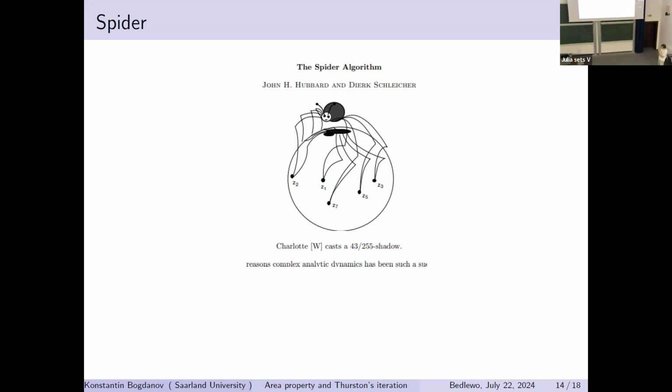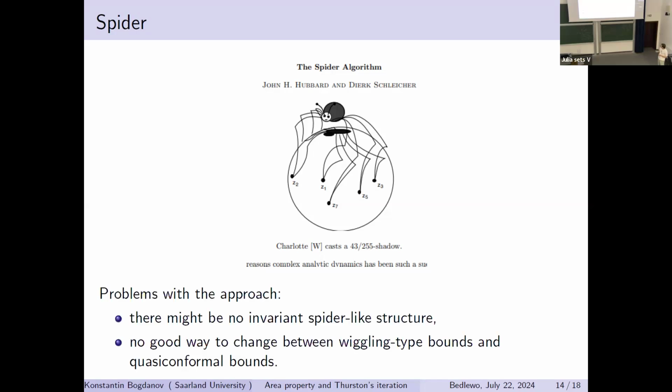This is not quite good because we now want to consider general type functions f not given by any formula. Usage of the spider was easy when we had exponential or sine or something like this. Then you can bound wiggling of legs. So there are problems with this approach.